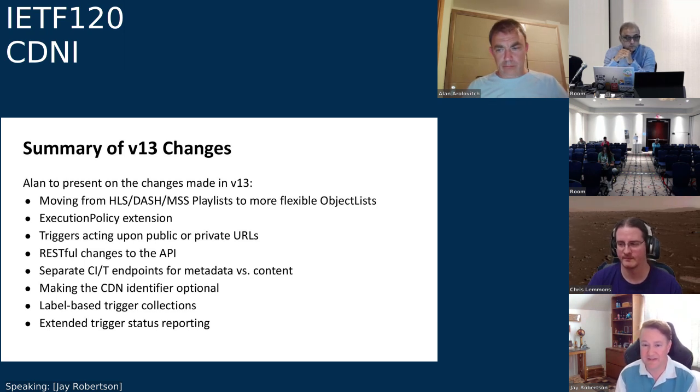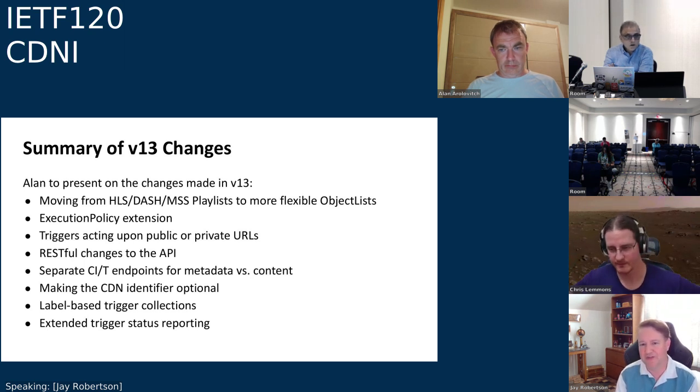We have a new execution policy extension that allows for specification of dependency, priority, and urgency in terms of triggers. Triggers used to be able to act upon just the public URLs, and now we have amended it to optionally also act upon private URLs if specified and supported by the downstream CDN.